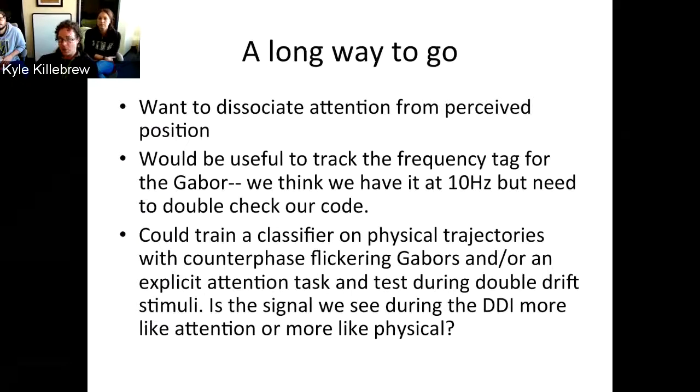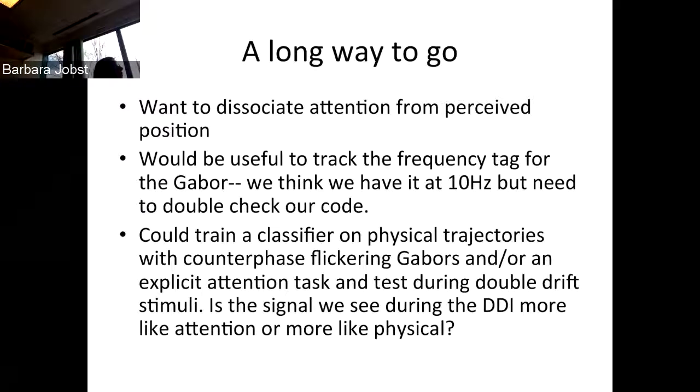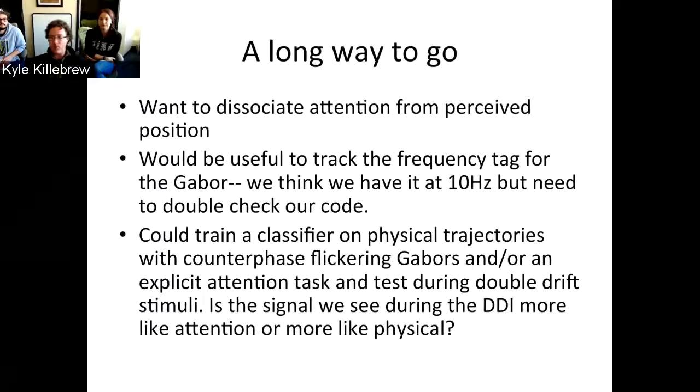And then what I think we need to do is have control conditions where we have physically vertically moving Gabors and physically horizontally moving Gabors that aren't illusions. And we'd want to have, for example, explicit attention tasks on the vertical edge of the square or the horizontal edge of the square.